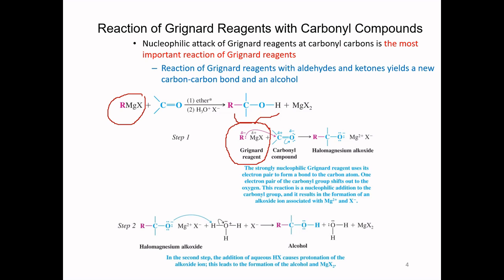At step 2, when we add acid, the oxygen in the alkoxide will abstract the proton of the acid, and then the electrons will move to the oxygen, and it will result in a tertiary alcohol, water, and magnesium halide.